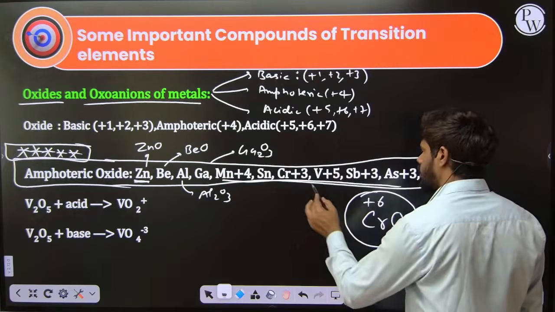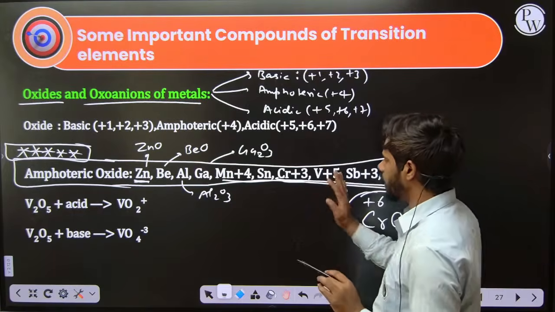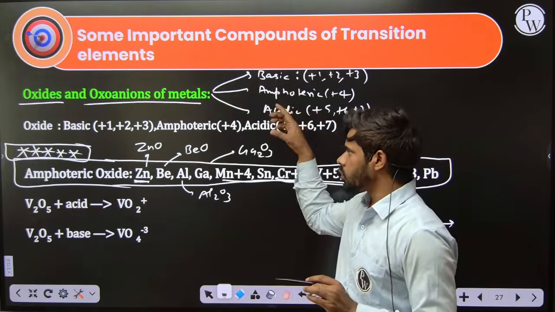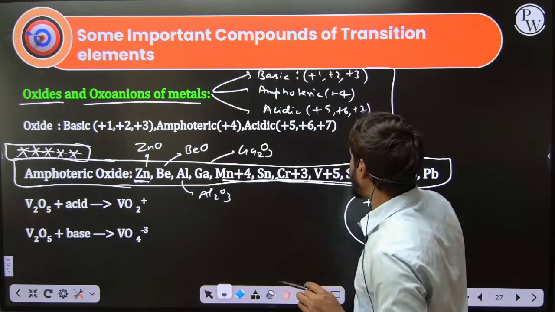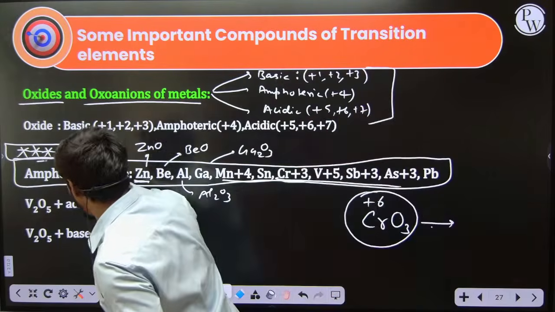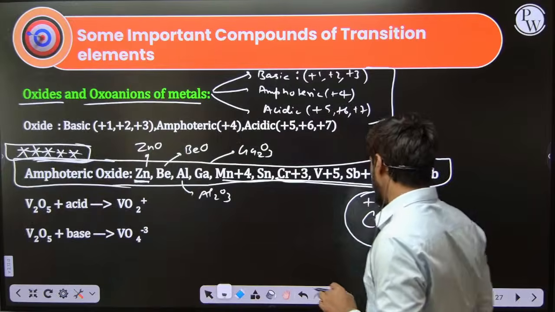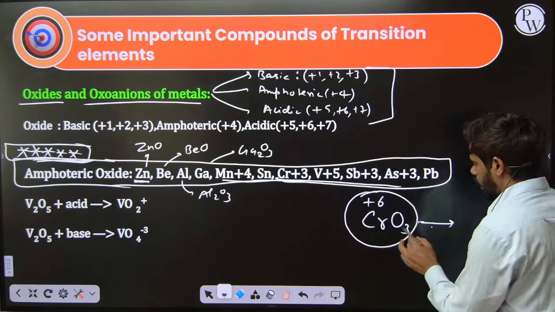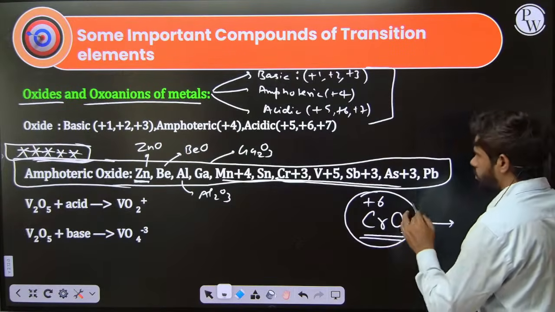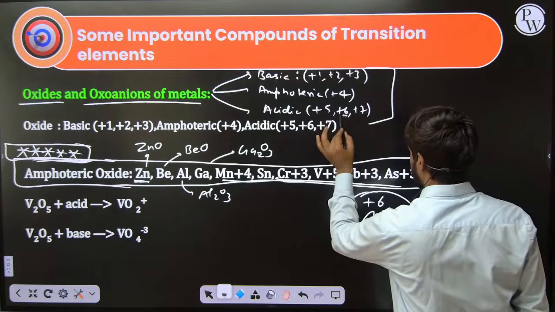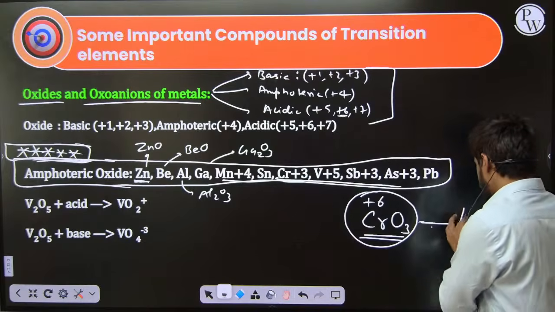For amphoteric it is +3. If it is not in this list, then we can follow this rule. This rule is only valid after this list. So amphoteric is only in case of +3. For +6, we can say it is acidic in nature. So this is acidic.